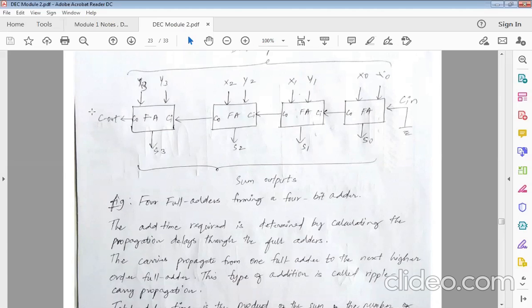So if we have so many wires, then there is going to be a lot of delay. If my wire is too large, there is going to be increased resistance and increased capacitance, right? So in this stage, I have my stage 1 carry, and I have to wait till I get my C out.